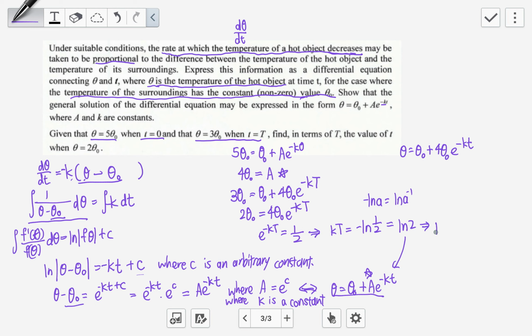So k equals ln 2 over big T. Alright, and this will mean that the equation is theta naught plus 4 theta naught e to the minus ln 2 over T t.